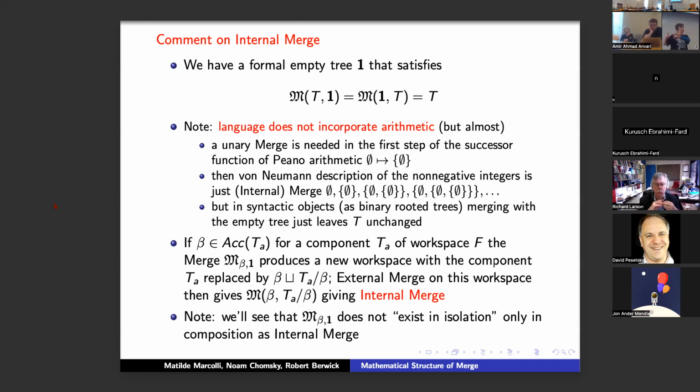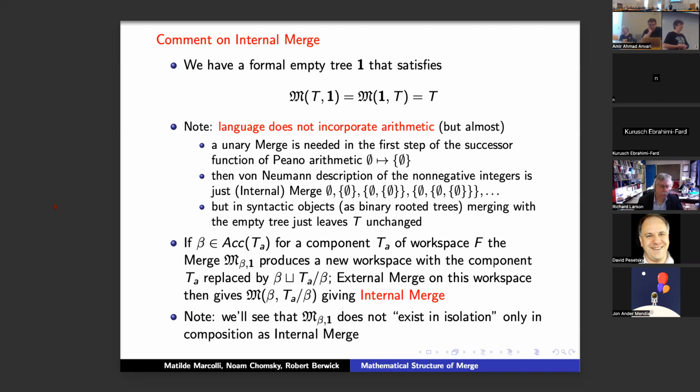So after that first step, everything is an internal merge. Except the first step from 0 to 1, where you need a unary, not a binary merge.